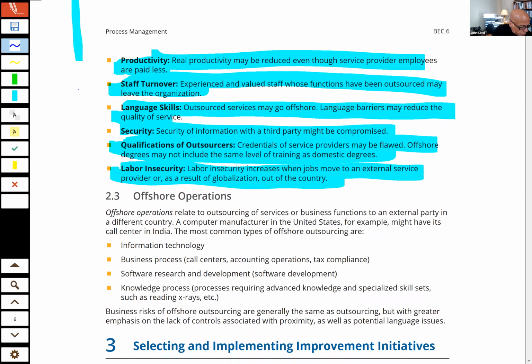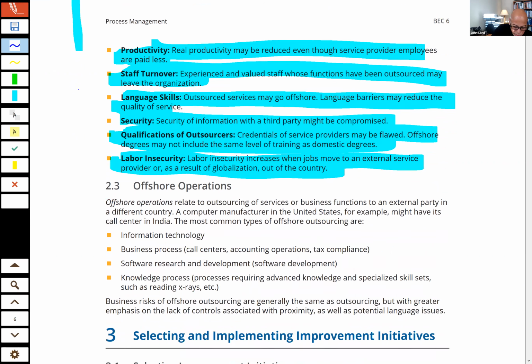Now, offshoring is like outsourcing, but now we're actually going to move a function outside of the United States. The most common things are information technology and business processes such as accounting and tax compliance.